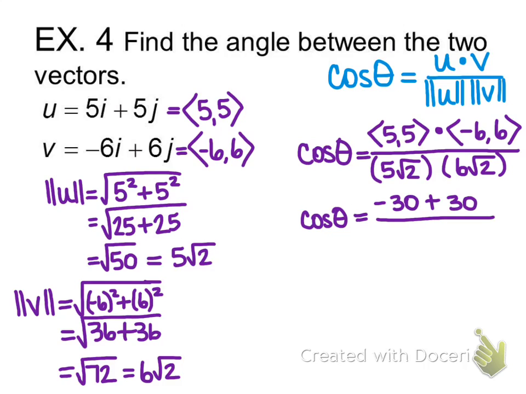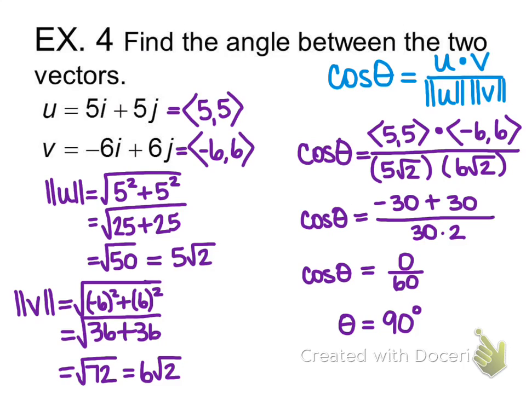Over, on the bottom, when I do 5 square root of 2 times 6 square root of 2, we do 5 times 6 is 30, and square root of 2 times square root of 2 is just 2. So that's 30 times 2 on the bottom. So we have that the cosine of theta is equal to 0 over 60, which is just 0. When I take the inverse cosine of 0, we get that our angle between these two vectors would be 90 degrees.